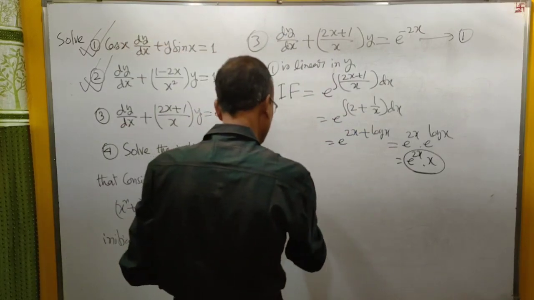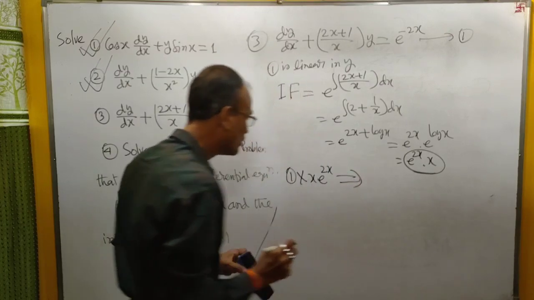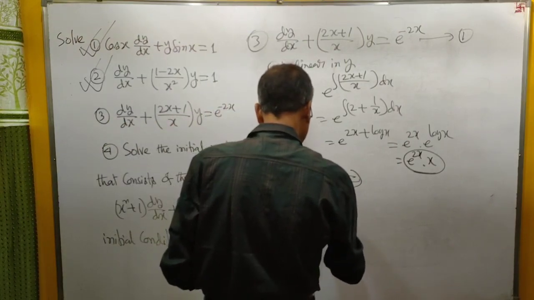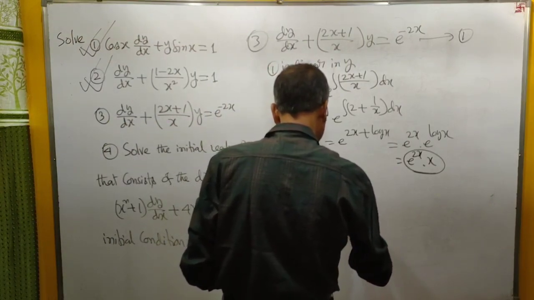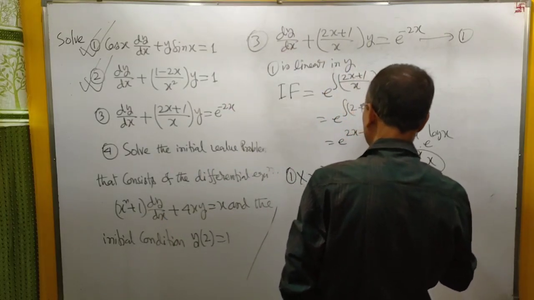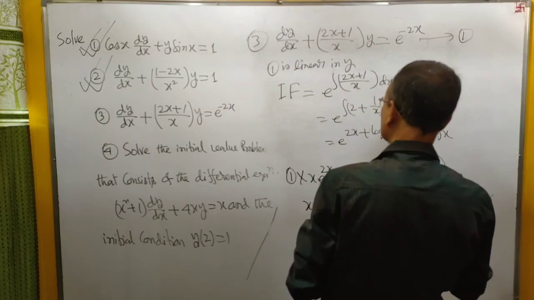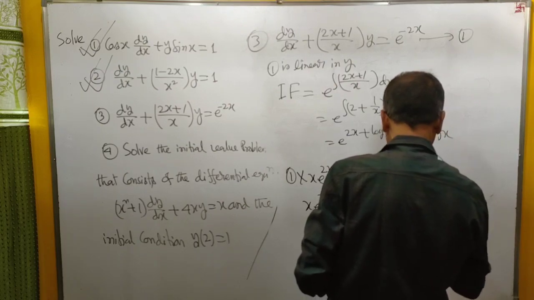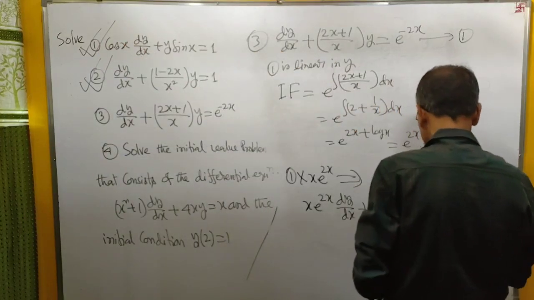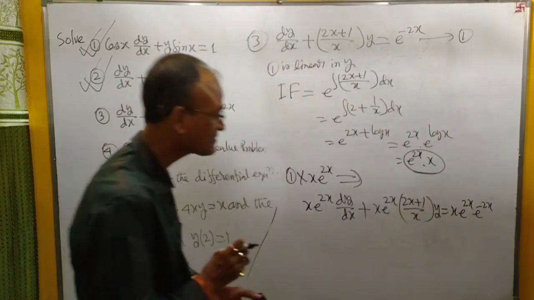Multiplying 1 by the integrating factor, we get x e to the power 2x dy by dx plus x e to the power 2x times (2x plus 1) divided by x, y, equal to x e to the power 2x times e to the power minus 2x.